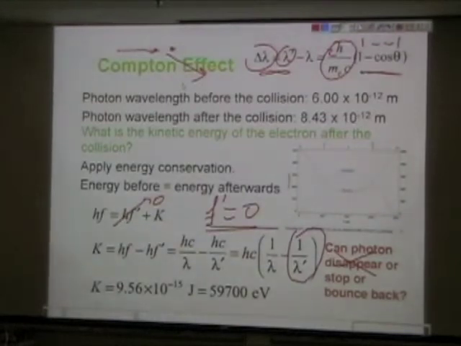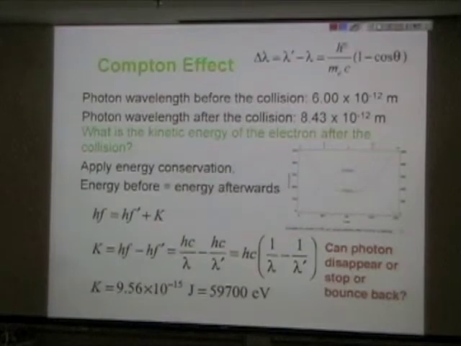Now, can this photon stop? Well, no. If you remember from Wednesday, we had an example of calculating the mass of a particle traveling at the speed of light, or the speed of a particle which doesn't have any mass.